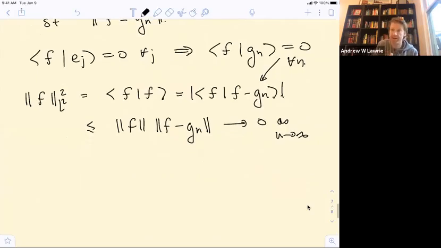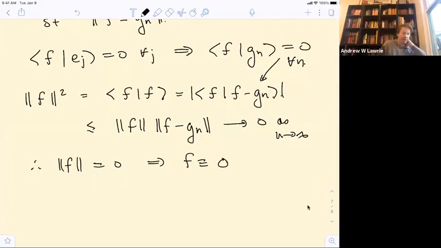The left-hand side has nothing to do with n, so therefore the norm of f, sorry, I shouldn't be writing L2, this is just the norm given by the inner product in the Hilbert space, is equal to 0. But this implies that f is equal to 0. This is one of the characteristics of the Hilbert space. So this means that 1 implies 2 is proved.